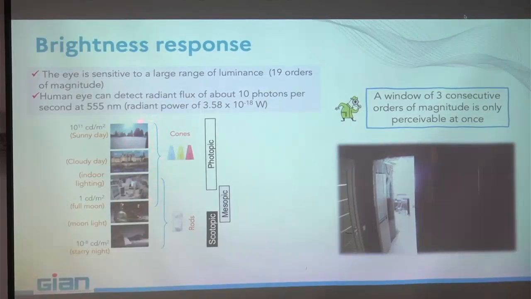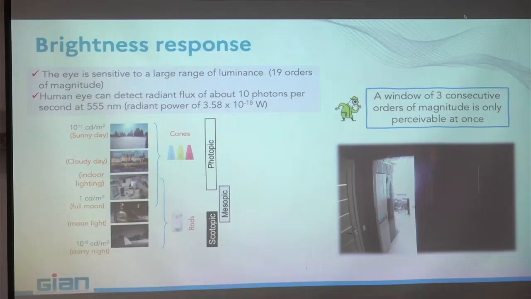You have a part where cones operate, a part where rods operate, and you pass from photopic to scotopic through mesopic vision. But in fact, we are able to see 19 orders of magnitude in log scale. There is no camera sensor that can see such a large range of brightness. Our eye can do it, but by ranges of 3 orders of magnitude.